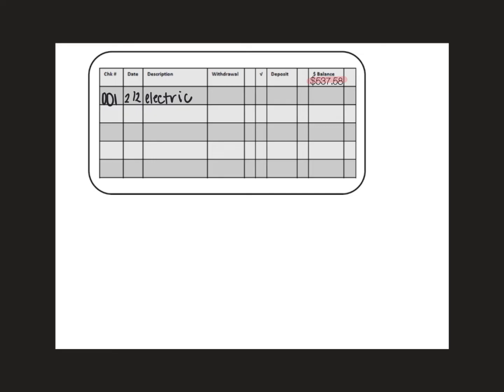The next option is we either are withdrawing money or we're depositing money. And since we were paying someone, we are withdrawing that money from our account. So the bill total was $167.54. So I'm going to record that under withdrawal.